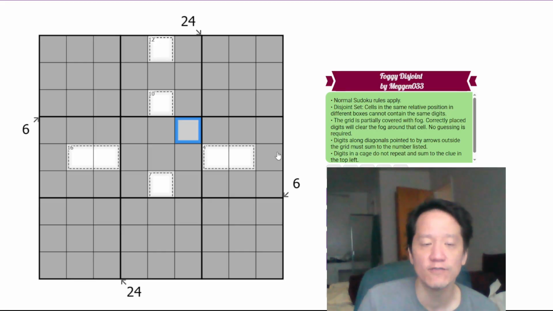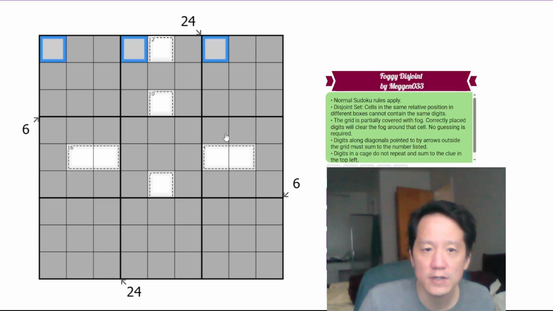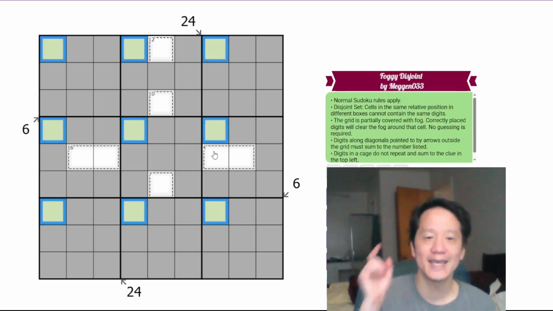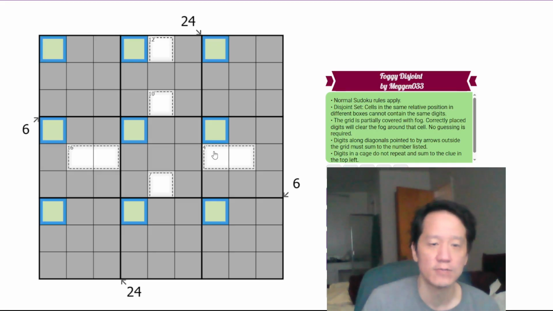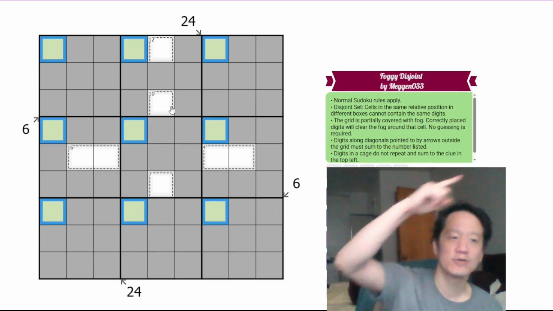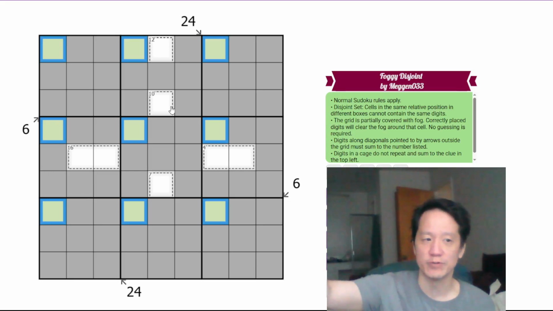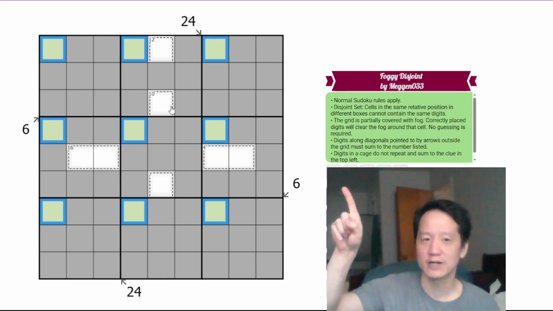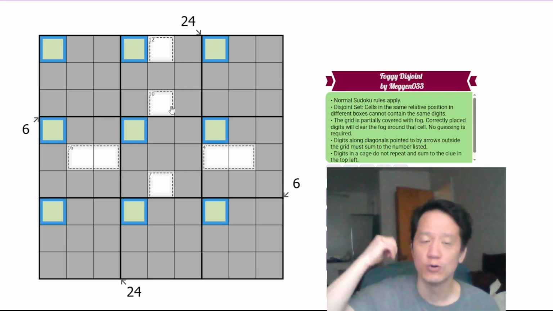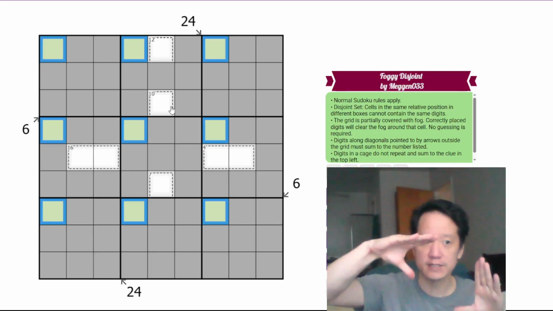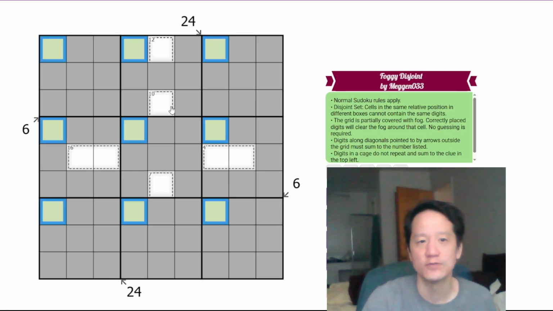In addition to every row, column, and box, you can't have repeats in the same position in boxes, right? So these digits cannot have a repeat either, because they're all the upper left of a box, and therefore they form their own set, which is why it's called a disjoint set for the rules.